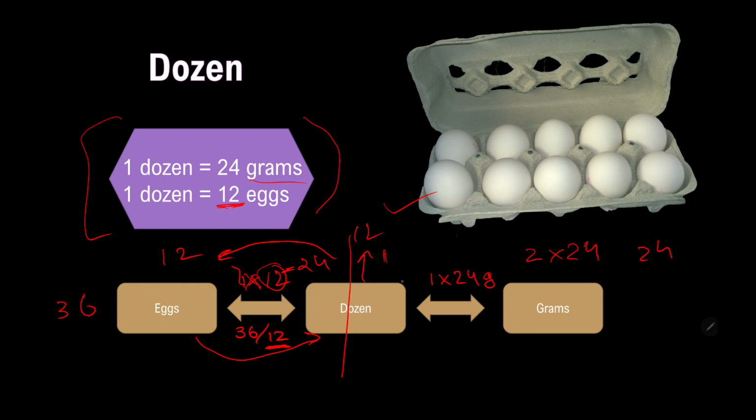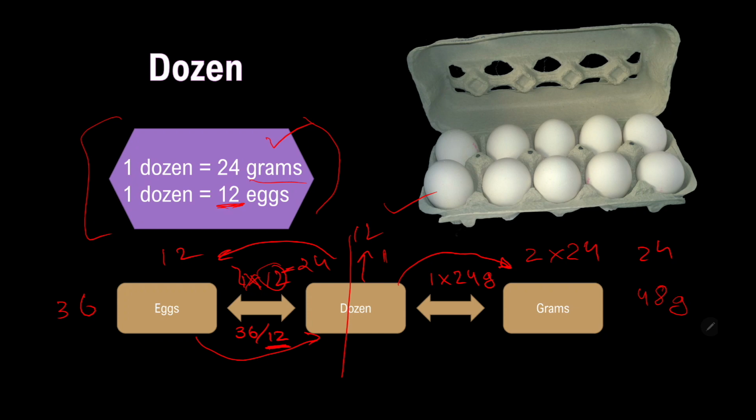So that means when you are moving from dozens to grams, you are multiplying with the value of dozens. The value of 1 dozen eggs is 24 grams. The next question is, if your eggs weigh 48 grams, can you tell me how many dozens of eggs you have? In that case, you will directly say, sir, we have 2 dozens.